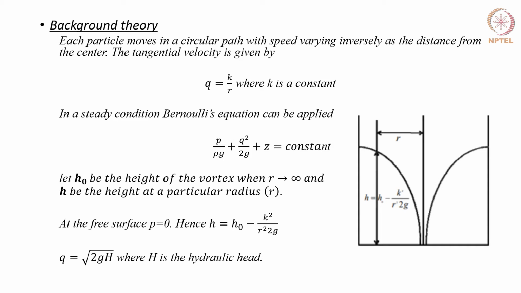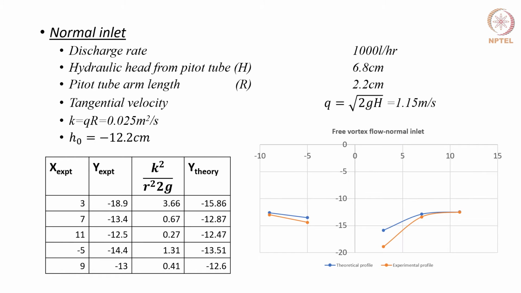And we know that the tangential velocity q can be calculated from the hydraulic head h, which is obtained from the pitot tube readings. Let's now move on to the sample calculation. Let's first consider when the inlet was normal, what were the readings we got.